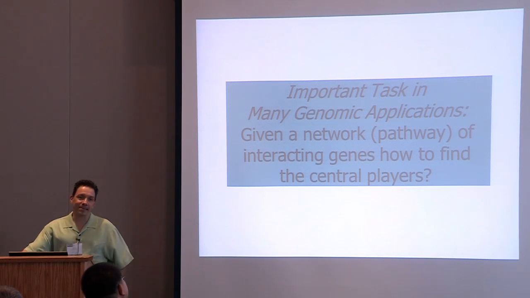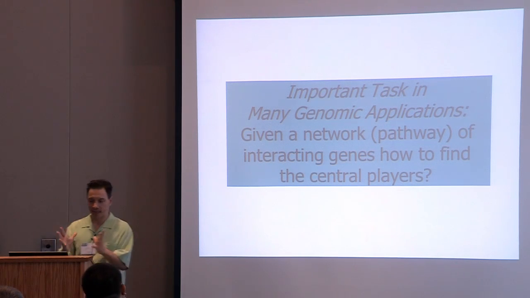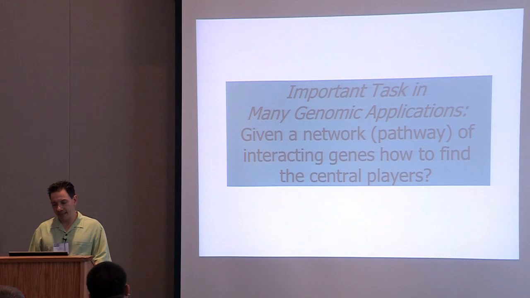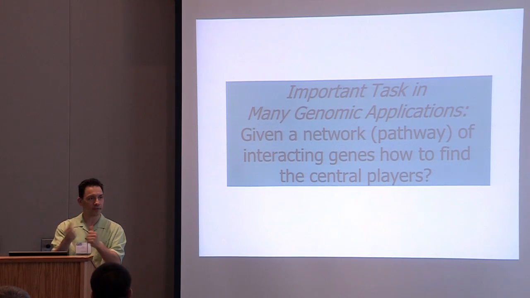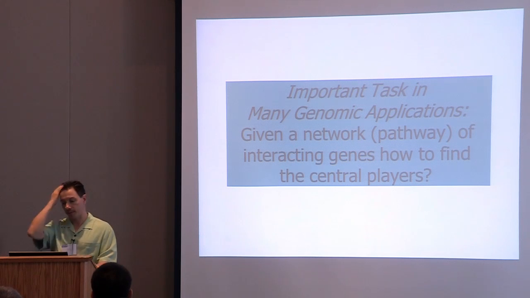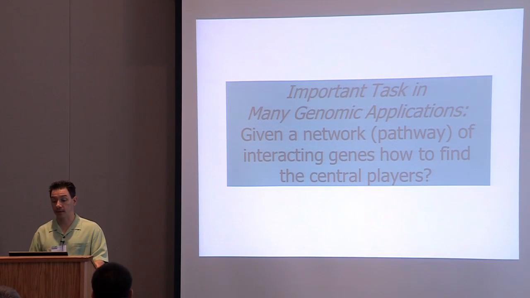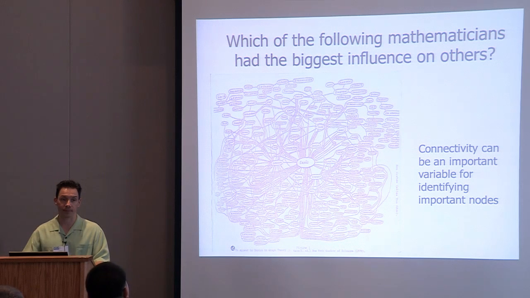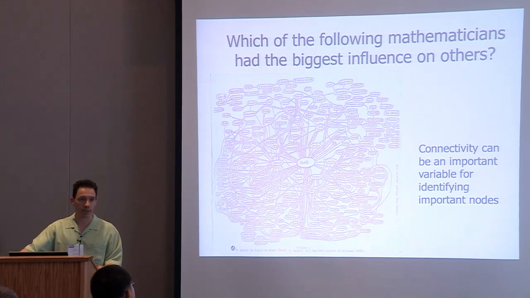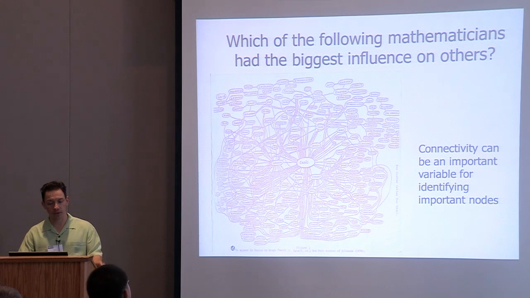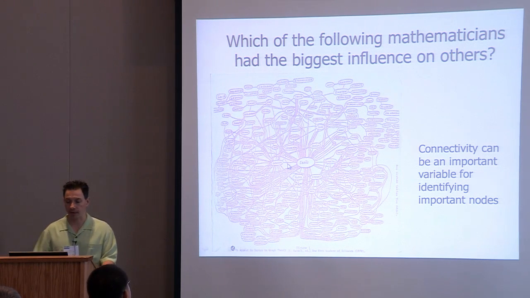All right, so let's say we have this exciting module. But now we're at the step where we want to find the key drivers, the interesting genes in that module. Before I go there, let's come up with some analogies. Here I show a graph of a co-authorship network of different mathematicians, and there's an edge between two mathematicians if they co-authored a paper together.